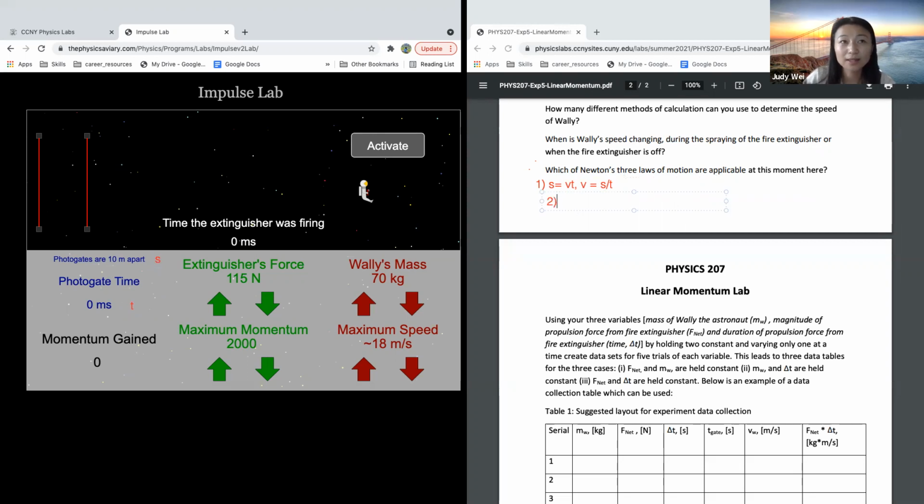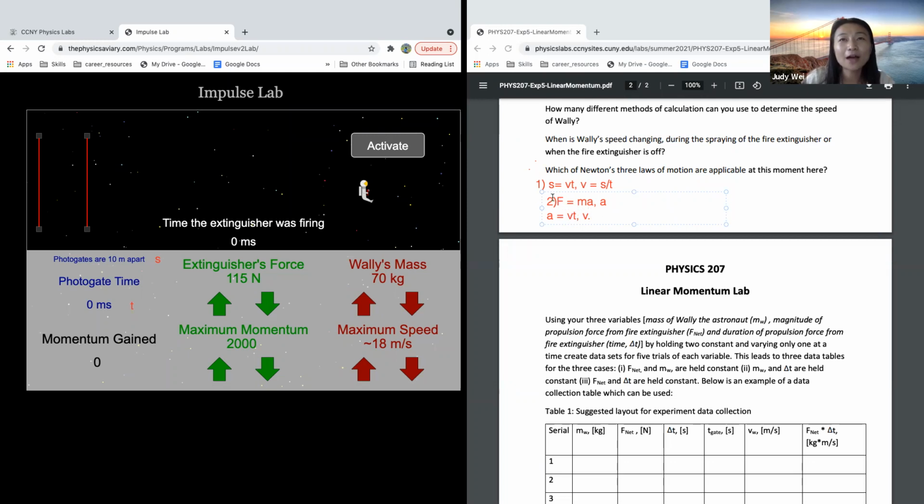And the second one is we have the fire extinguisher force. We know F equal to ma, so we can get a, right? And then we know a equal to v over t, so we can get v.